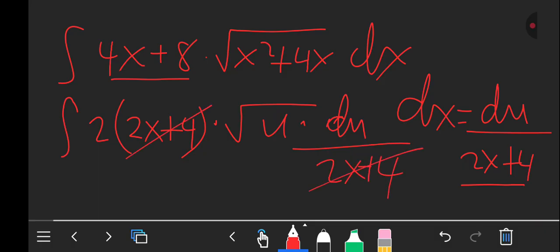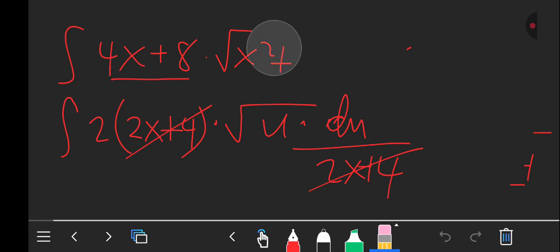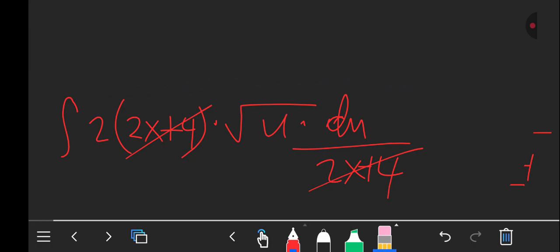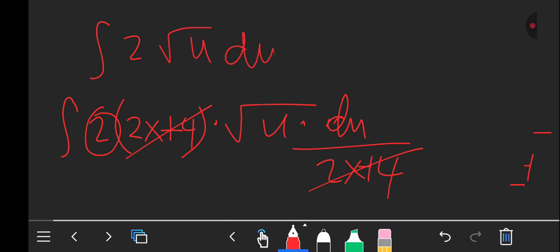The 2x plus 4 and 2x plus 4 will cancel out. So we're going to have the integral of 2 root u du.